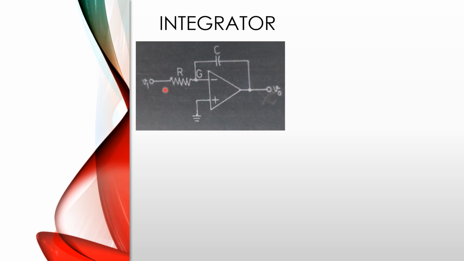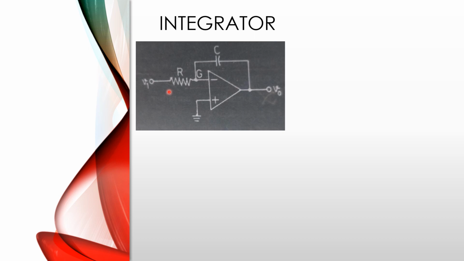So this is the integrator circuit where we also use a resistor and a capacitor, but if we compare with the differentiator circuit, the positions of the circuit parameters, that means R and C, are interchanged.